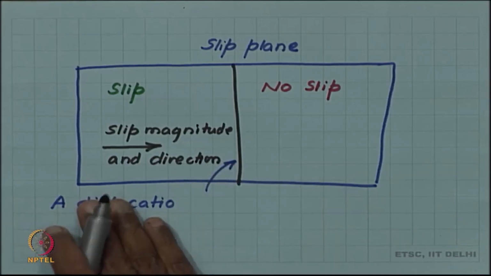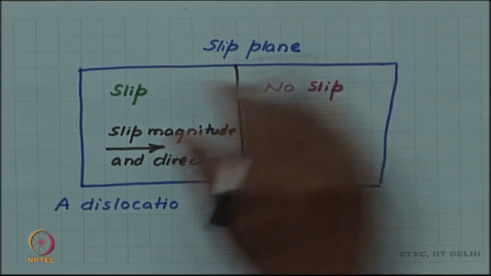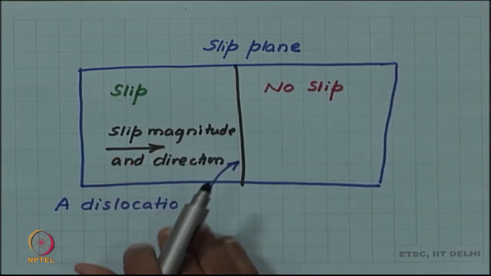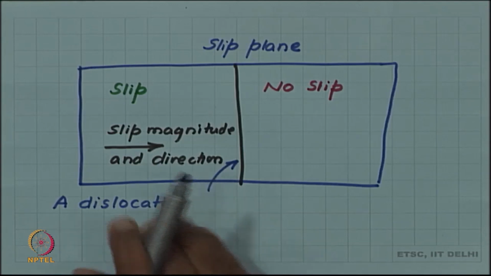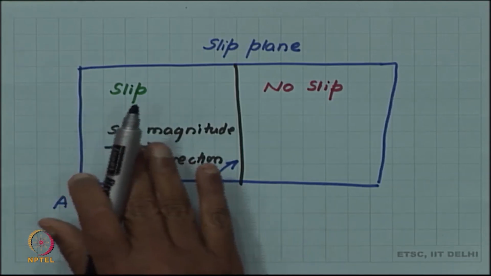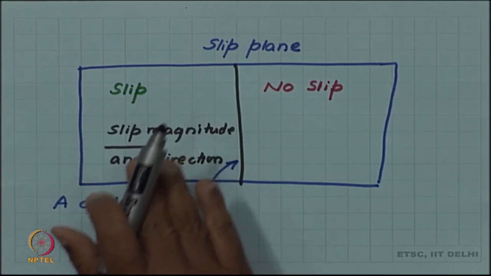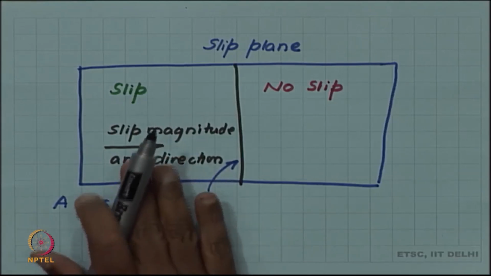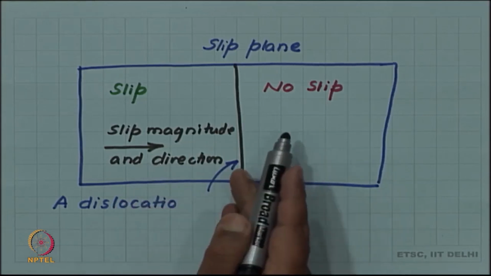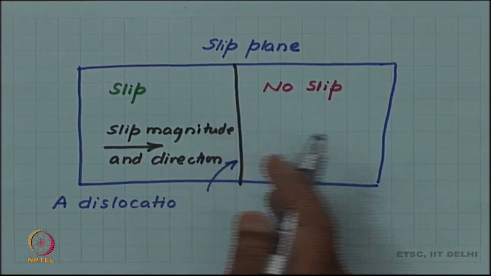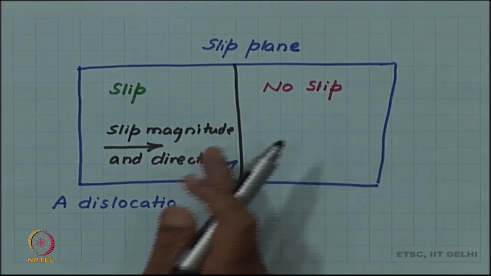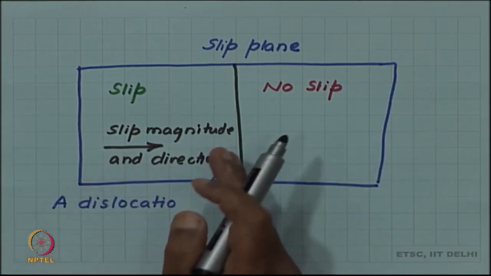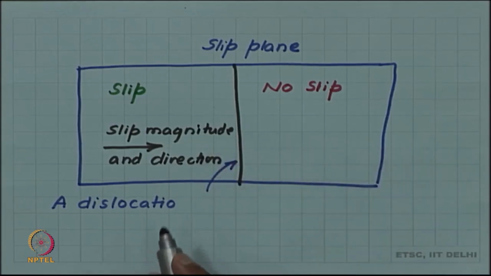And you should remember that this plane which I have drawn, this rectangular plane, the crystal is both above and below this plane. And when I say slip, the crystal above this plane is slipping with respect to the crystal below this plane, but this slip is happening only on the left hand side of this line and not on the right hand side. So, that is why the left side of the slip plane is called the slip side and the right hand side the no slip side.